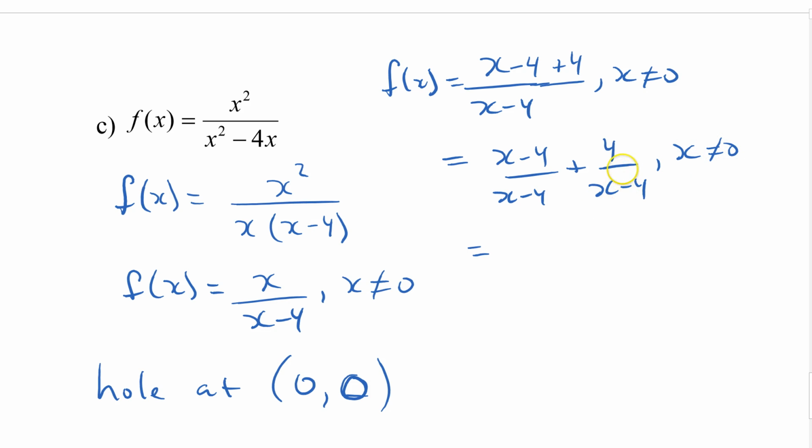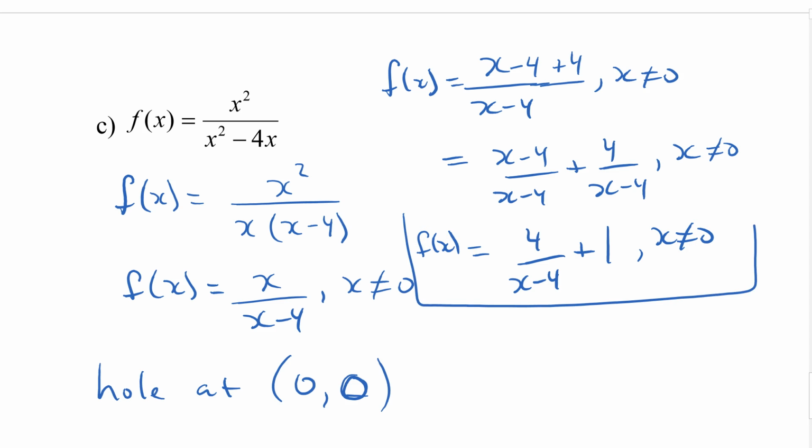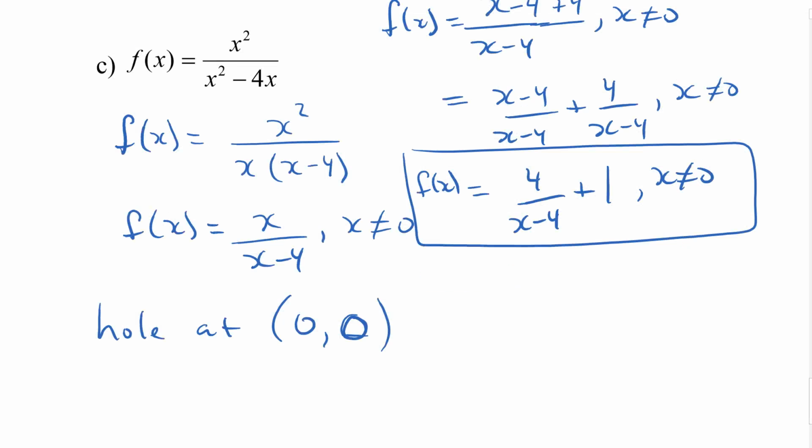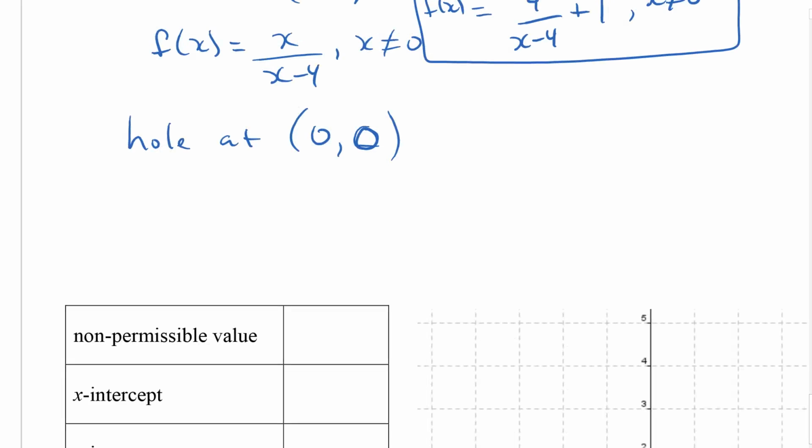So I'm going to switch this around. I'll put this term first. 4 over x minus 4 plus, now this term here is 1, where x cannot be equal to 0, and this is f of x. So this is the part that I'm going to use to graph. So I've got a hole at 0, 0.